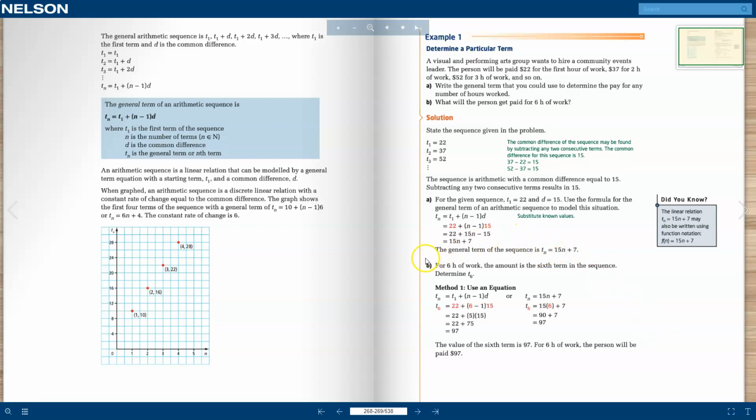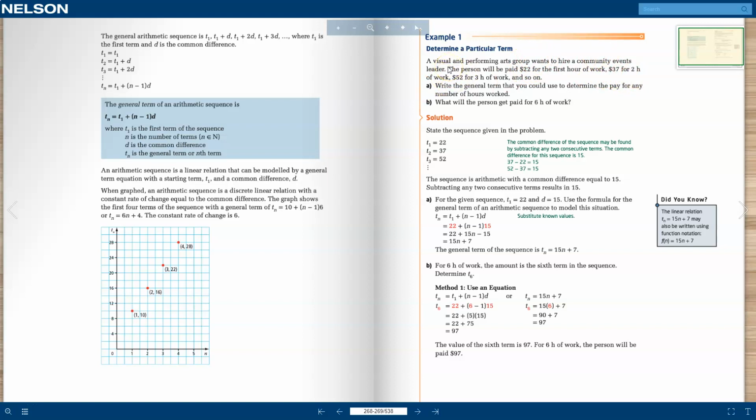Okay, let's look at 3 different examples. Maybe after the examples, it'll be a bit more clear. A visual and performing arts group wants to hire a community events leader. The person will be paid $22 for the first hour, $37 for the second hour, and $52 for 3 hours of work, and so on. You can see it's an arithmetic sequence, with 3 terms here: the first, second, and third term.